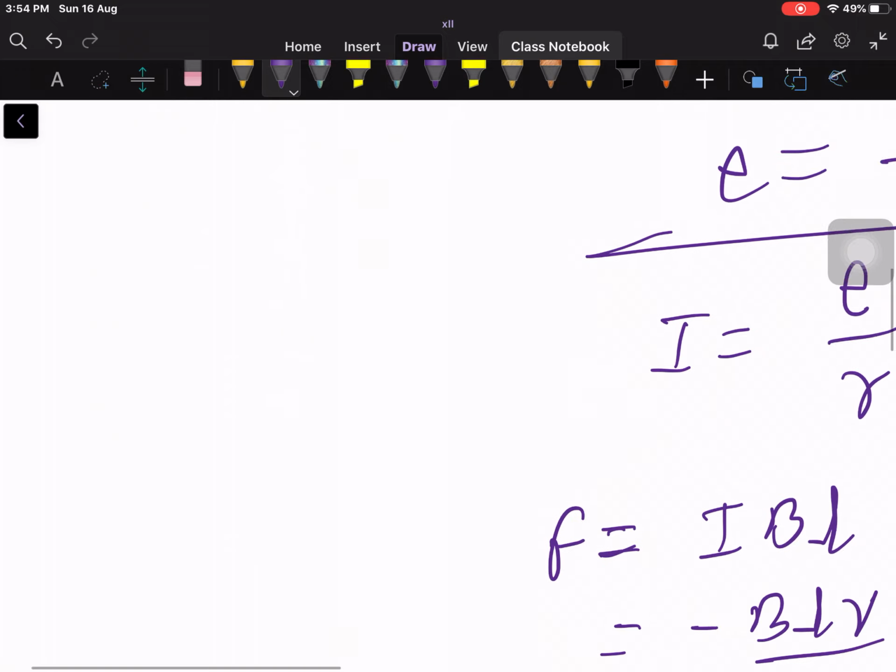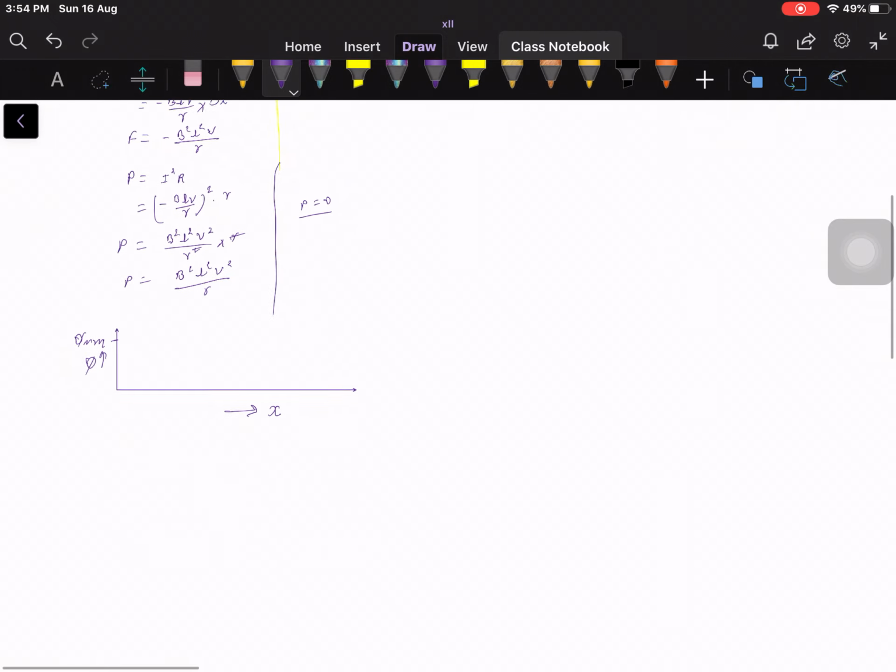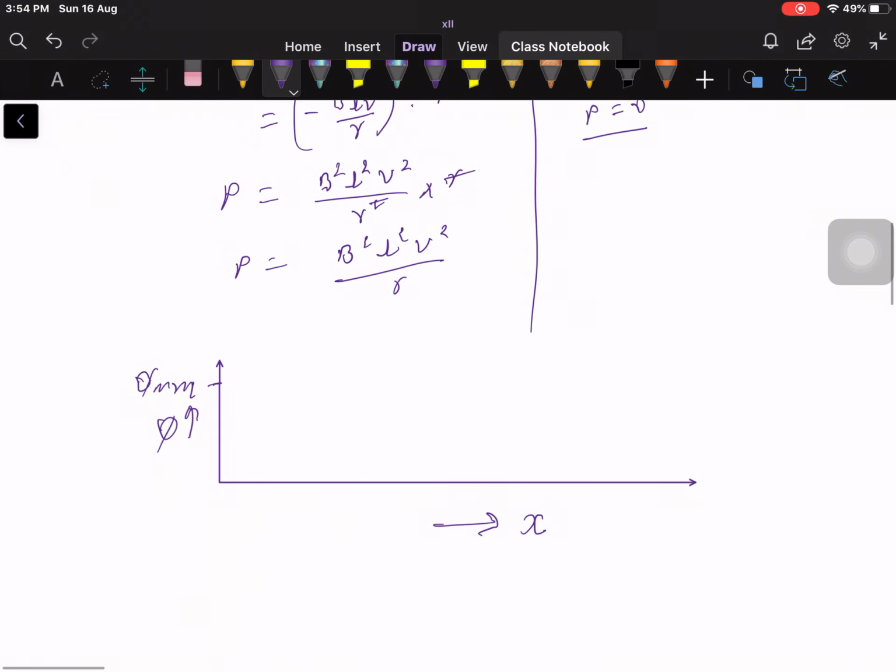So if I draw all this here, assume this is x equal to b. Here it is x equal to 2b. Again, after 2b, what is happening? That arm PQ is coming back. So when it is coming back, I am telling it is x equal to b, and again it is what?